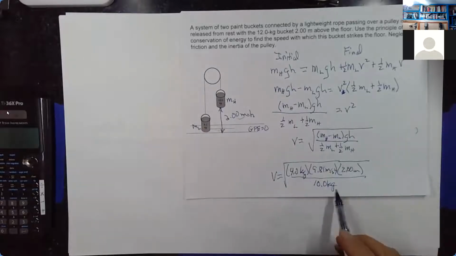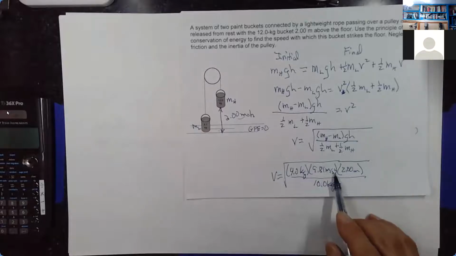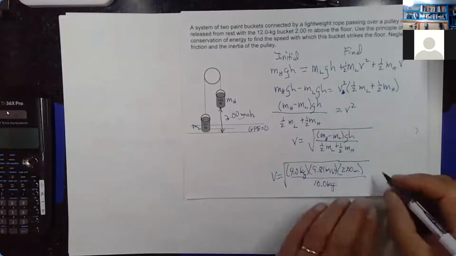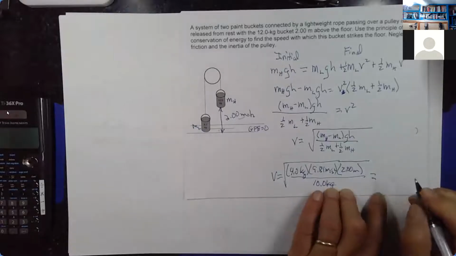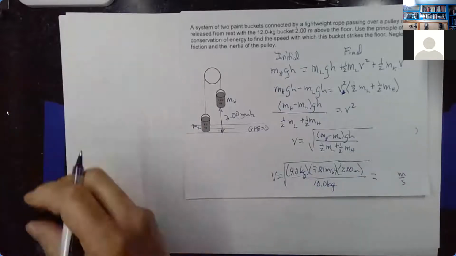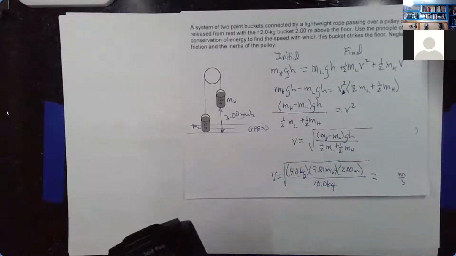Now the kilograms will divide out. Kilograms here, kilograms there. Meters per second squared times meters are meters squared per second squared. But I'm taking the square root and I'll get meters per second. So that will work. Let's just plug in the numbers and see what we get.